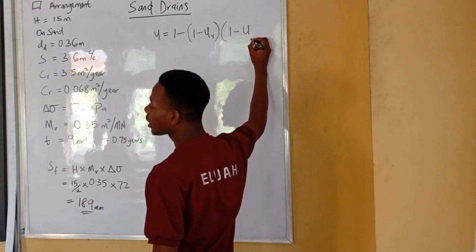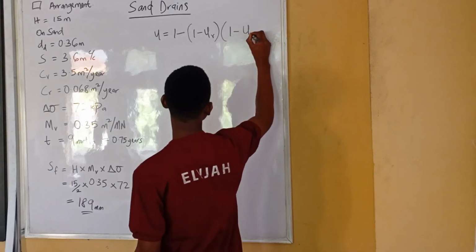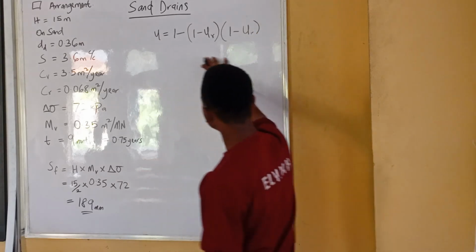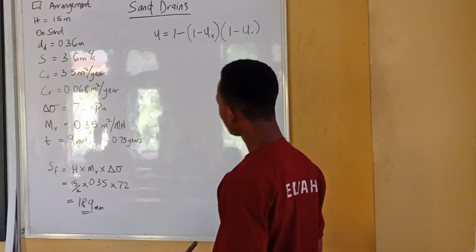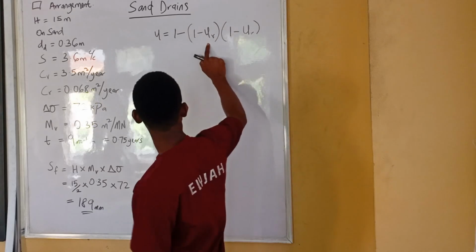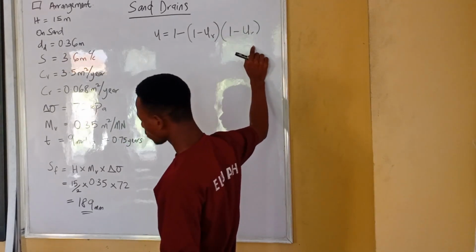If you don't get U, you can't get ST. So this is the formula for calculating our U. But here now we don't know UV and we don't know UR.